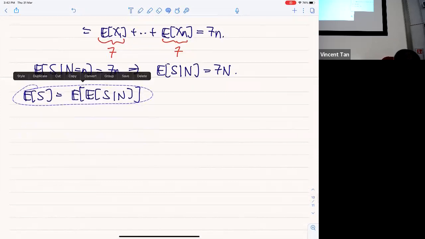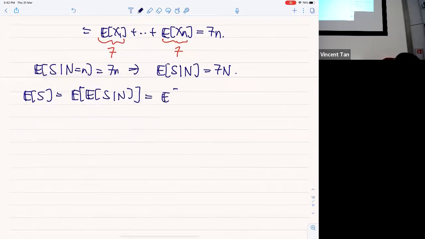And I know that the inside is 7N. The 7 is a constant, it can be brought outside. Now, the only source of randomness is the number of students who show up, which is capital N.